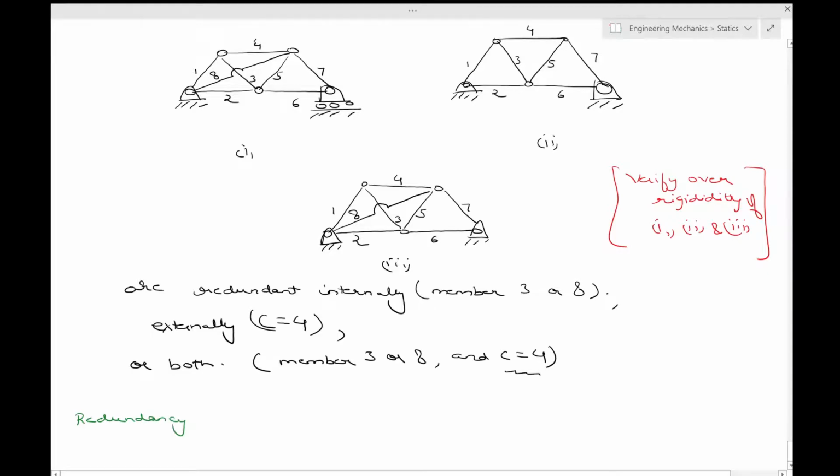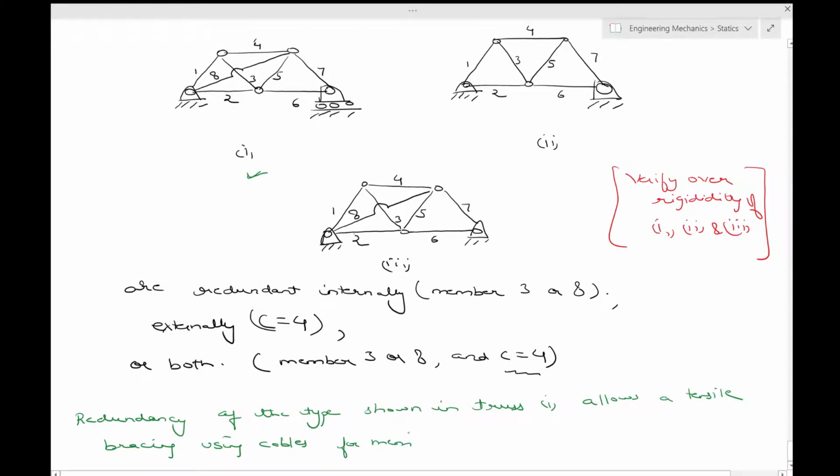Redundancy of the type shown in truss 1, this one, allows a tensile bracing using cables for members 3 and 8 instead of bars.